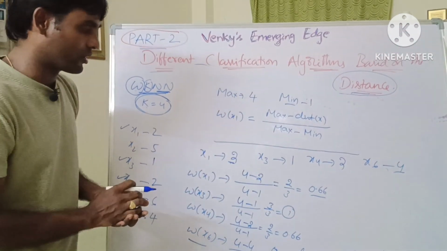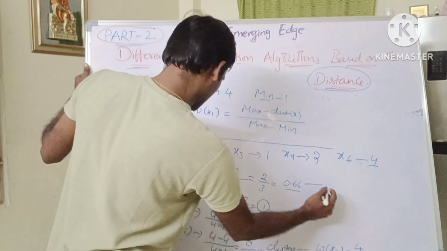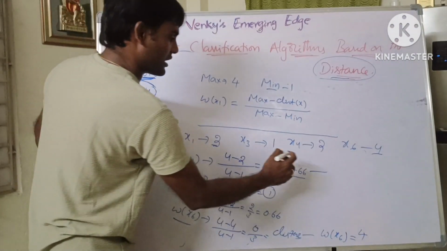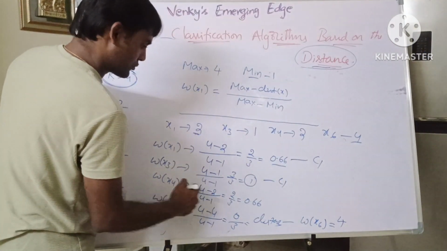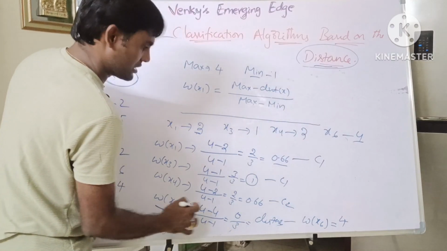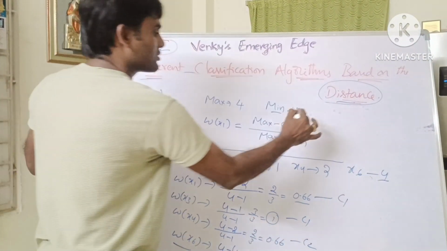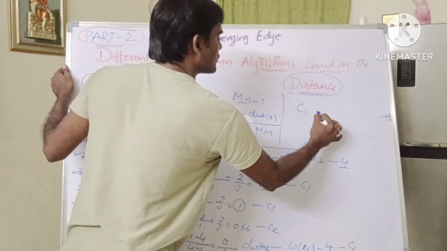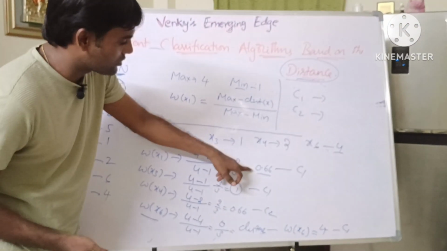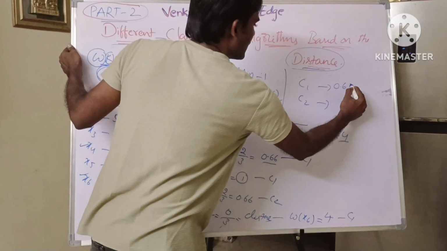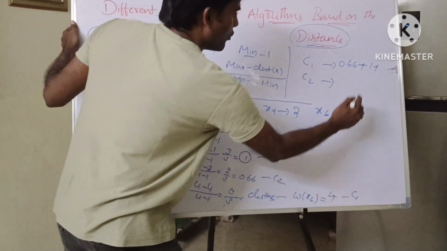Okay, then x1, which class? For example, x1 is from the given data set. x1 is a C1 class, x3 is a C1 class, x4 is a C2 class, x6 is a C1 class. Is it clear? Now here is the summation of C1 classes, and here the summation of C2 classes. The C1 class sum is 0.66 plus 1 plus 4.